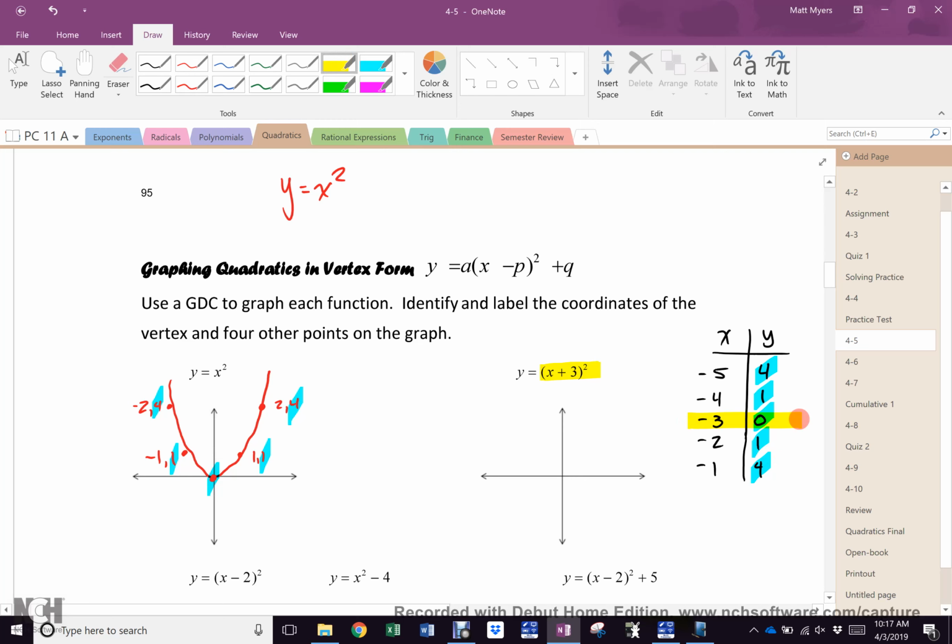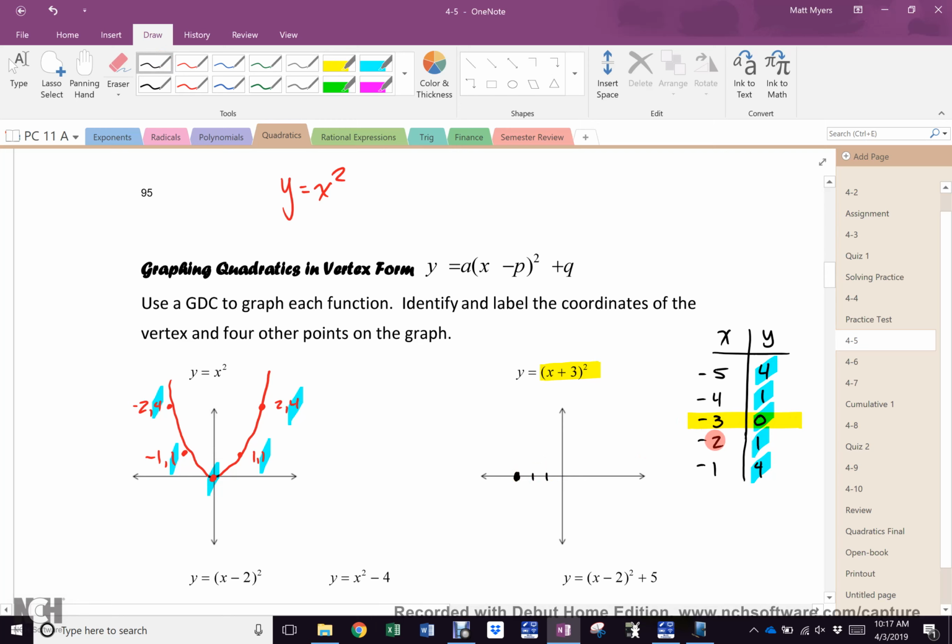A vertex. Because all of my y's are bigger than 0, yes? So my vertex is at negative 3, 0. And then, from the vertex, 1 over, 1 up. Negative 2, up 1.